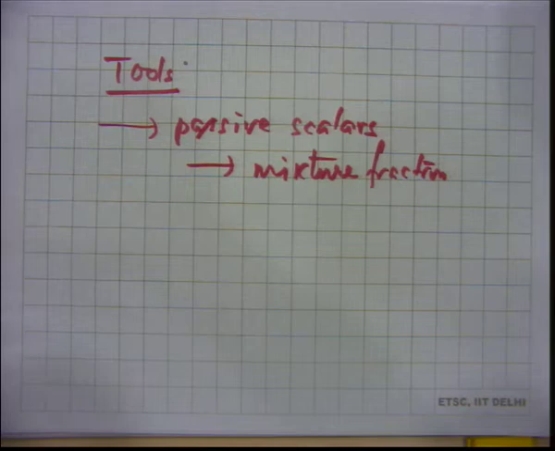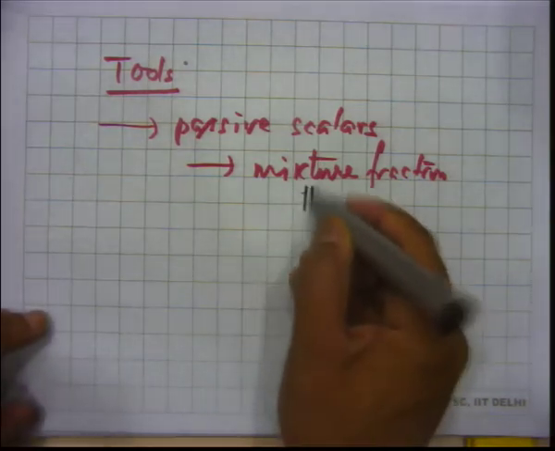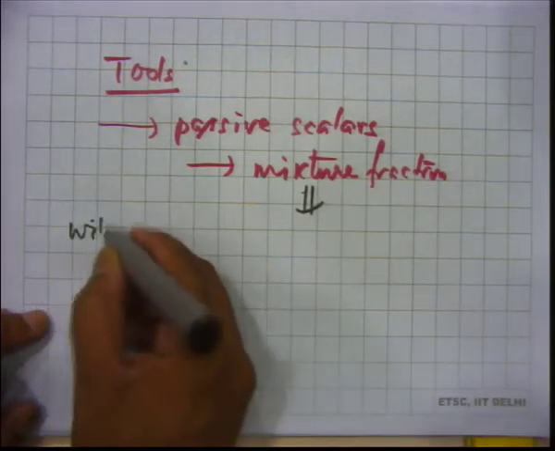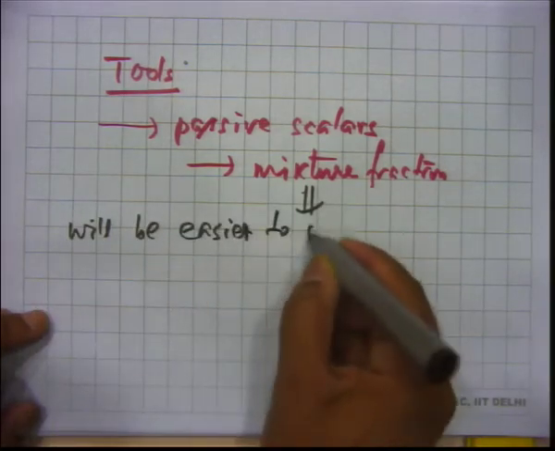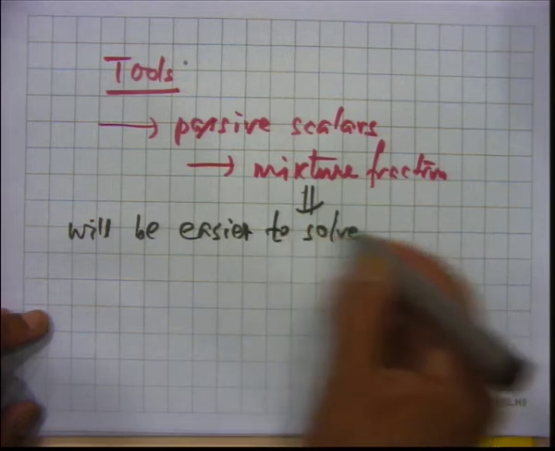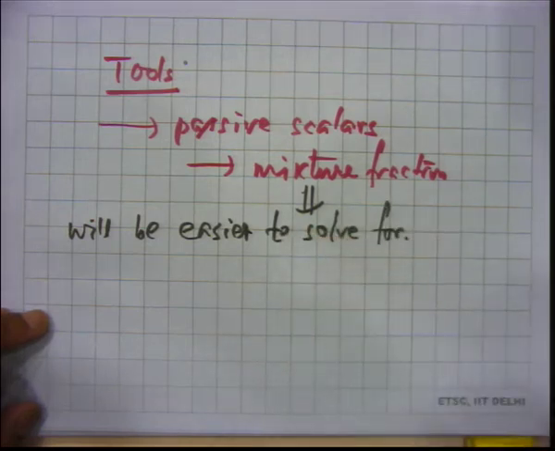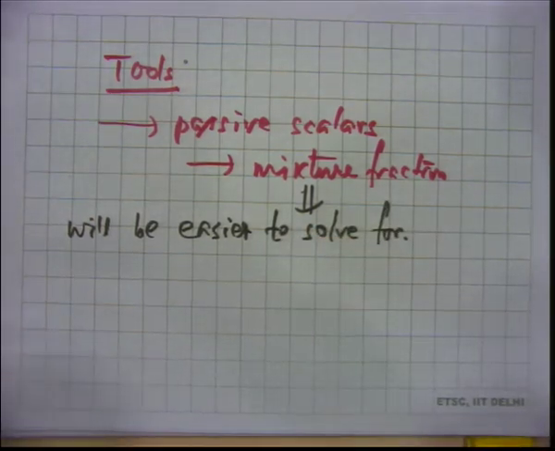Right now we do not know that. So, what do we know so far? We know that mixture fraction will be easier to solve for. Can we say that? What do we mean by solving for mixture fraction? So, we are trying to solve a diffusion flame problem.